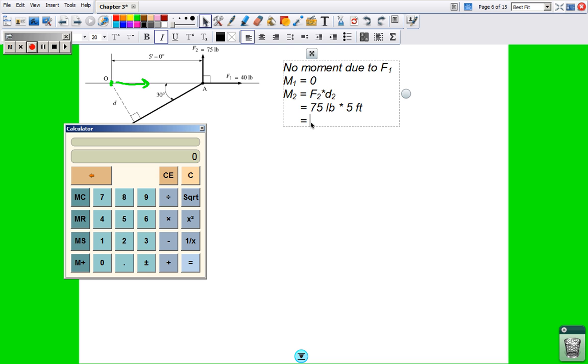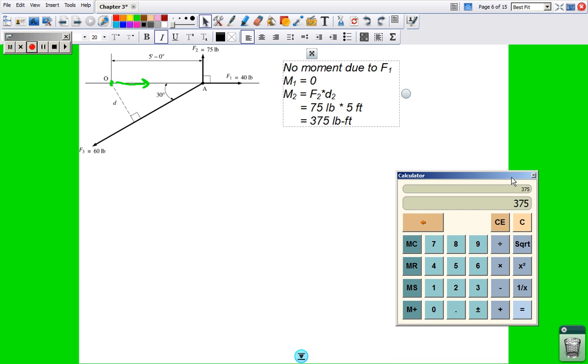Okay, it's going to be 75 times 5 is equal to 375. Alright, so that becomes 375 pound-feet.